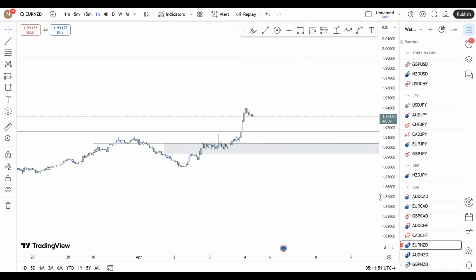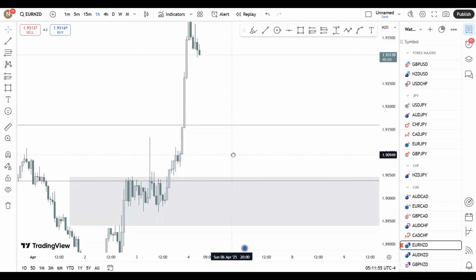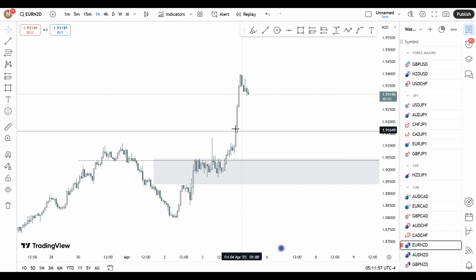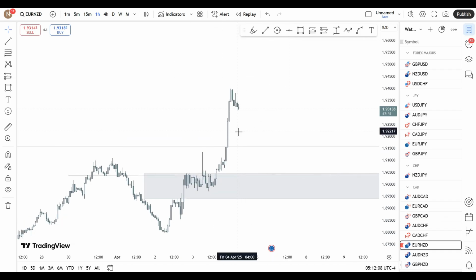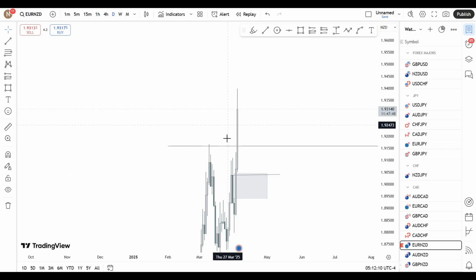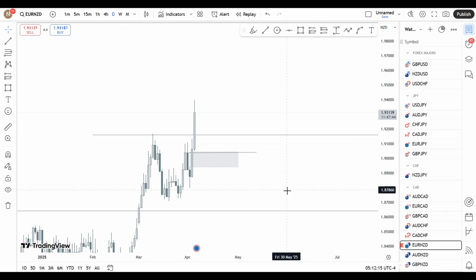So let's see. Do we have any fair value gap going down below this higher time frame PDR? Do you see any fair value gap going down from this high time frame PDR? No, right? So we can say that this is a proper disrespect candle because we don't have a fair value gap going down. There is no problem if you have a one-sided fair value gap. We need a two-sided fair value gap: fair value gap in on the high time frame arrays and fair value gap out from those high time frame arrays.